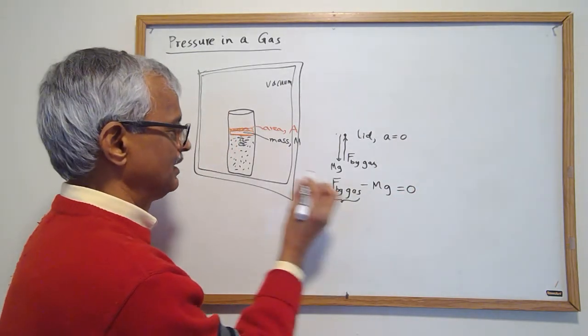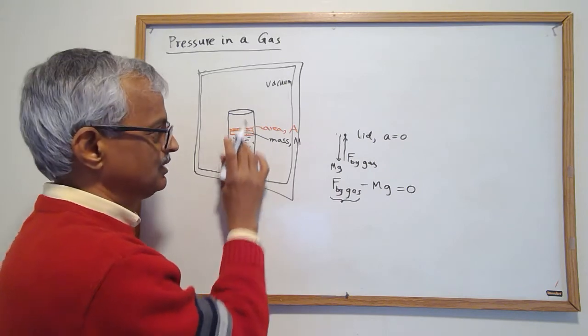But what is this F by gas, and how do I account for all these particles hitting and forcing?